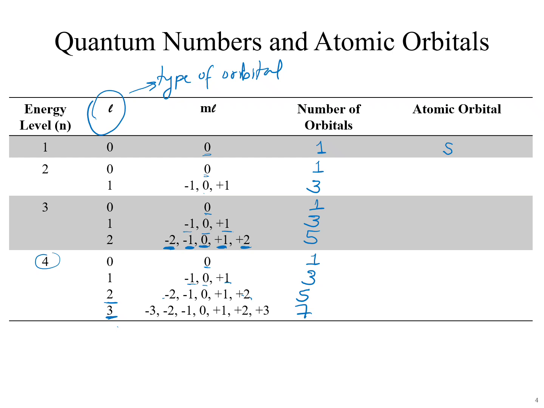When the numerical value of L is equal to 1, we have a p orbital. So we can actually write down s everywhere that we have L equal to 0. And we can write down the letter p everywhere that we have L equal to 1. It's always the same. If L is 0, we have an s orbital. If L is 1, we have p orbitals. If L is 2, we're going to have d orbitals. And then when L is 3, we have f orbitals.